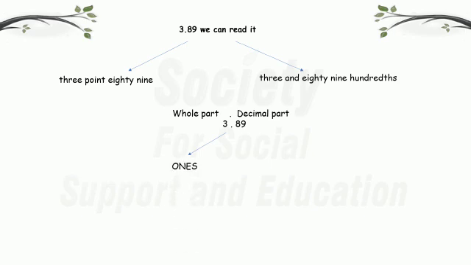And in the decimal part, we have two digits. So we have tenths, then we have hundredths. In the whole part, we say ones, tens, hundreds, while in the decimal part, we start from the tenths and say tenths, hundredths, thousandths.